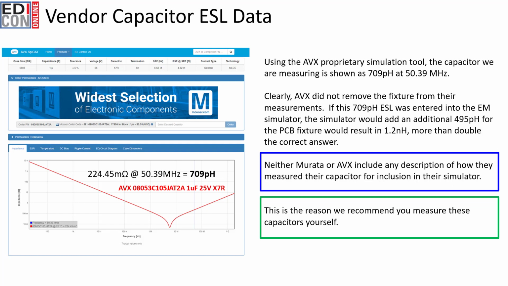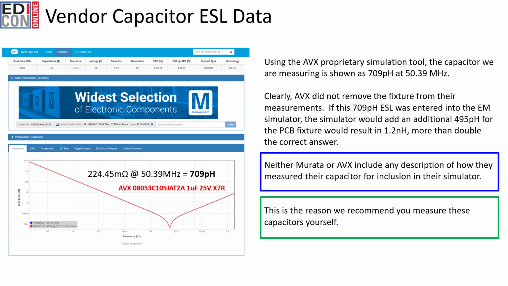Remember, we showed this in simulation. And so that would result in a total ESL of 1.2 nanohenries, more than double the correct answer. What this tells us is that neither Murata nor AVX include any description of how they measured their capacitor for inclusion in your simulator. This is the reason why we recommend you measure these capacitors for yourself.